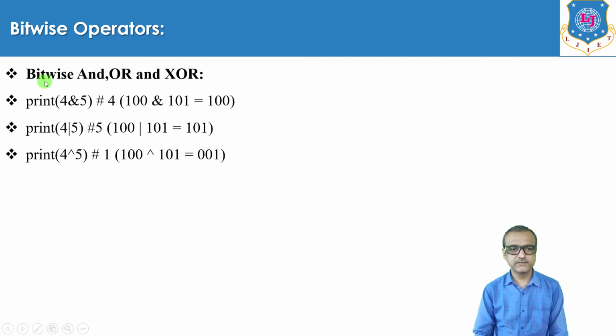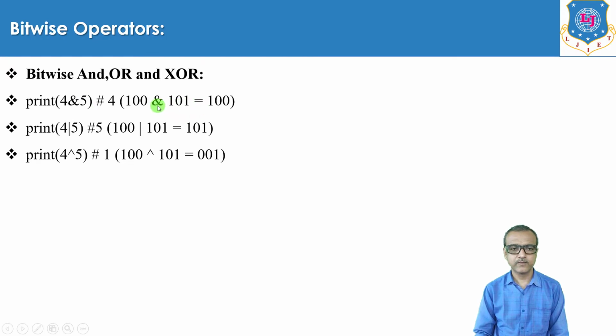Now we will see how bitwise AND, OR and XOR work. What will be the output of this statement, print of 4 and 5? The output in this case is 4. How? First of all, convert this decimal 4 into binary. Its equivalent binary is 100, and then convert 5 into its equivalent binary, that is 101.